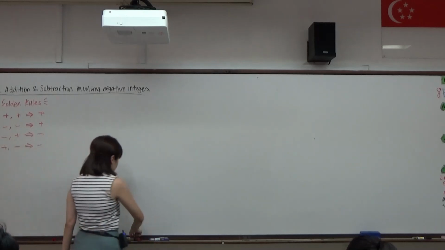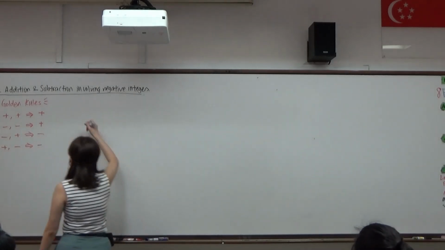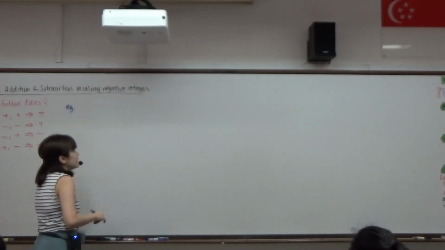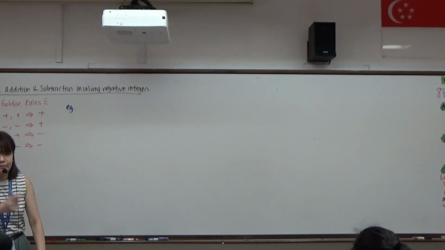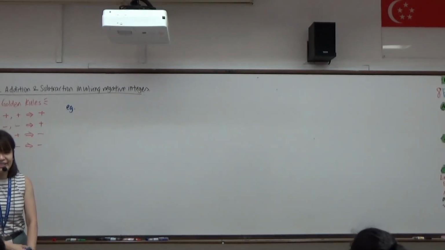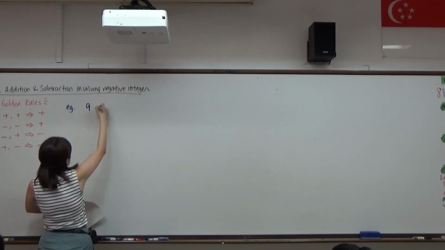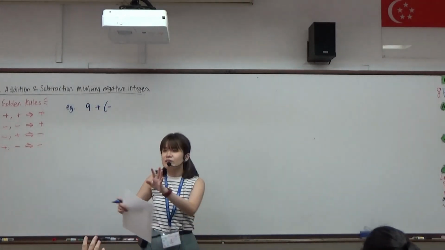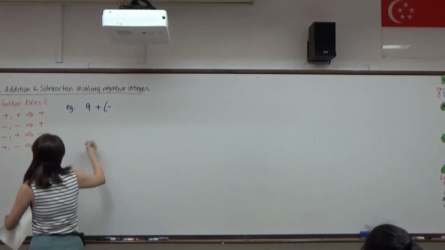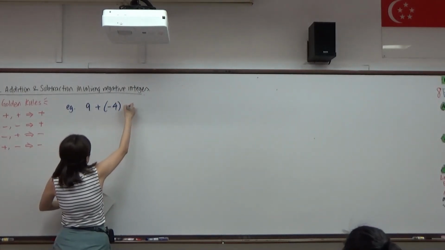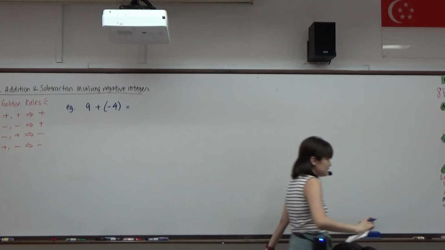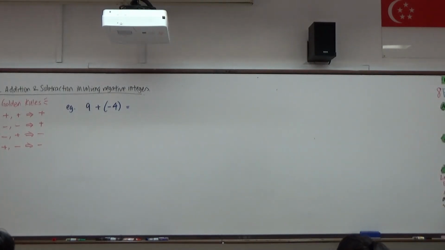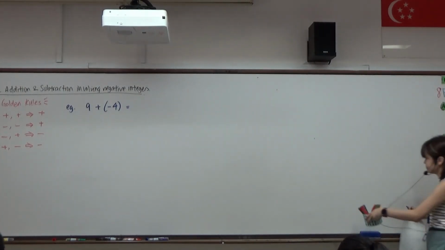How do we go about applying them? Let's just do a quick check-in. Give me a one digit number. 9, I want to plus negative, and the other one digit number. Actually 4. 9 plus negative 4. What would the answer be? Let me choose from my ice cream sticks.